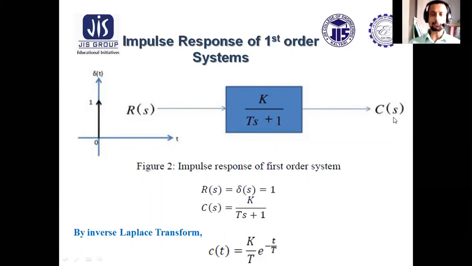So the nature of the output with respect to time will be analyzed now. For unit impulse input, as you all know, the Laplace transformation of the unit impulse function will be 1. So the transfer function C(s)/R(s) equals this. As R(s) is 1, C(s) will become this.